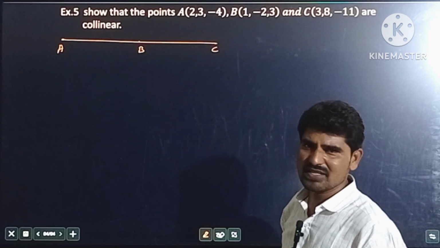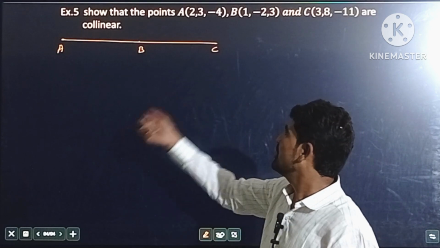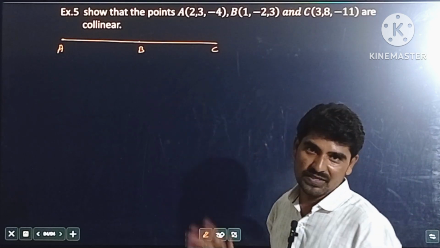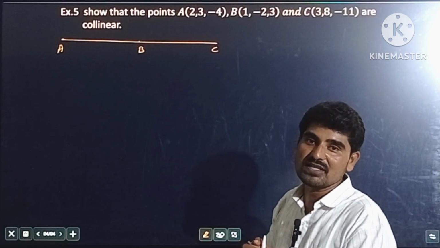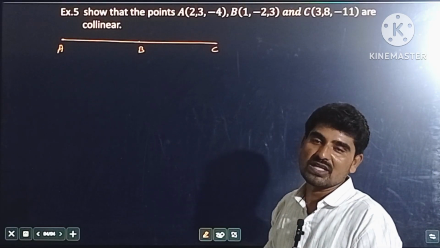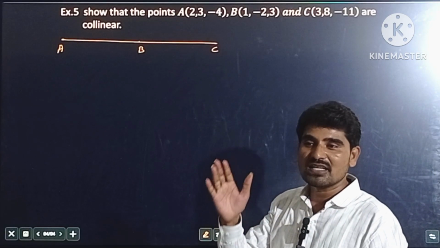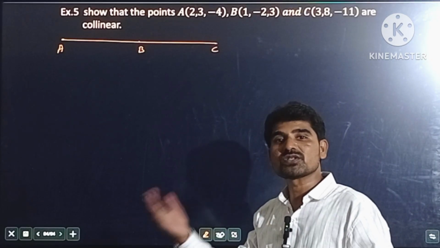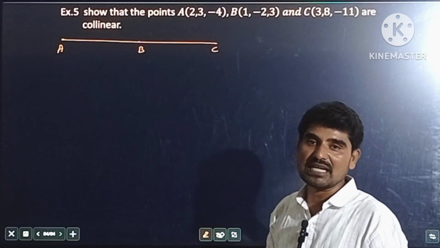Consider any two line segments, either AB, AC, or AB, BC, or AC and BC. Then find their direction ratios and show that the direction ratios of one line segment are proportional to the direction ratios of the second one.